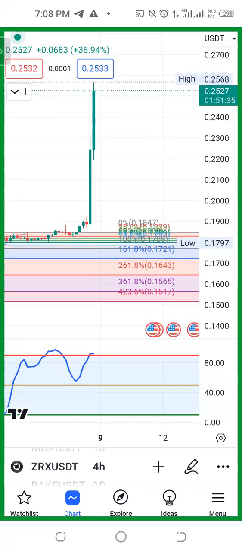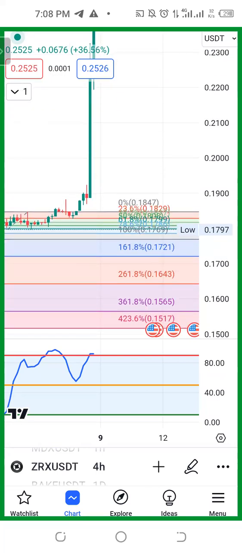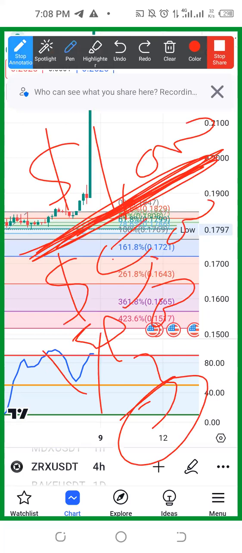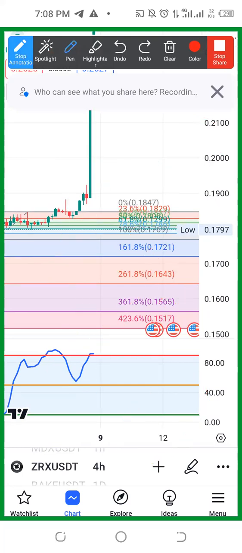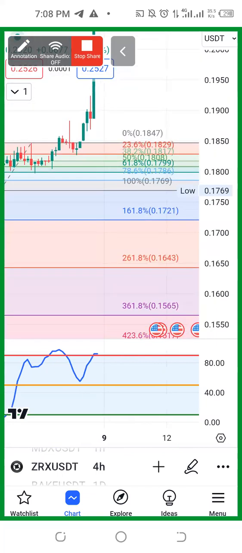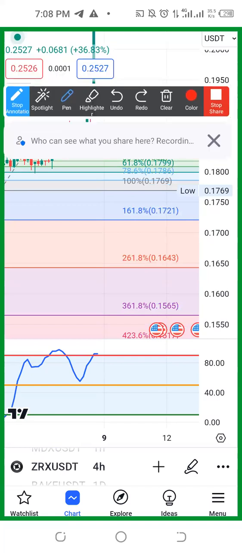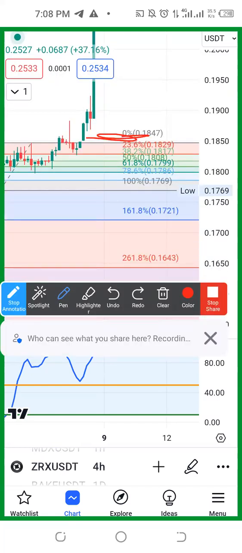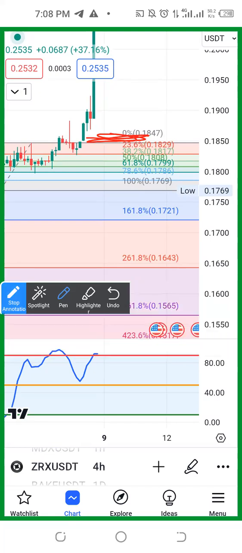The moment this coin has overpumped, it has broken the auto fib retracement here. This line here, this 0%, it has broken it too much, too high.